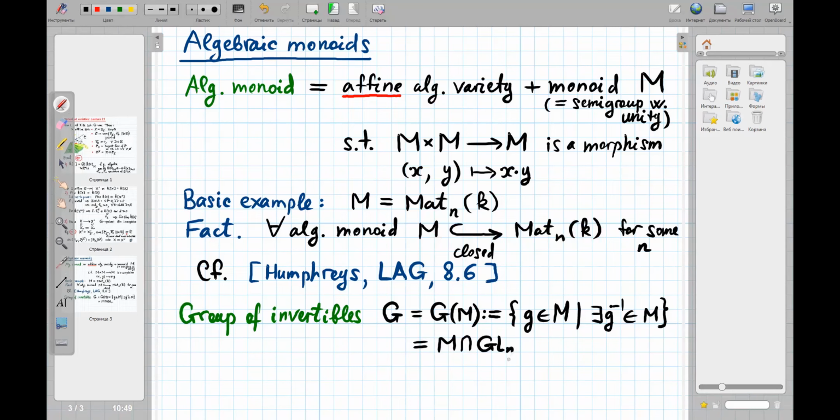It is obvious that the left-hand side is included in the right-hand side, because if you have an invertible element of M, and if M is a submonoid of matrices, then of course this matrix should be invertible. But also the converse inclusion holds, and it is an easy exercise for you to prove this converse inclusion. So exercise 1.